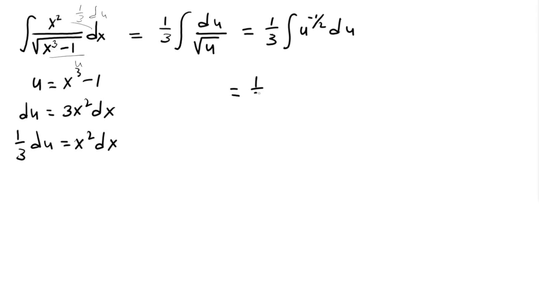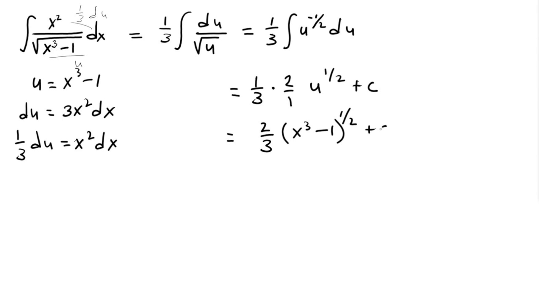So this is again 1/3 times, add 1 to this and I get a positive 1/2, which means I get 2 over 1 times u to the 1/2 plus c. So this is going to be 2/3. And then what is u? U is x to the 3rd minus 1 to the 1/2 plus c.